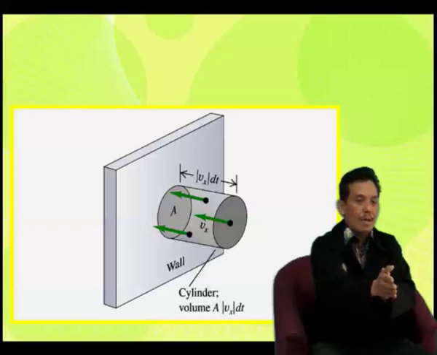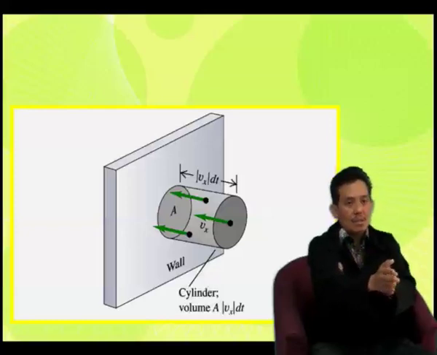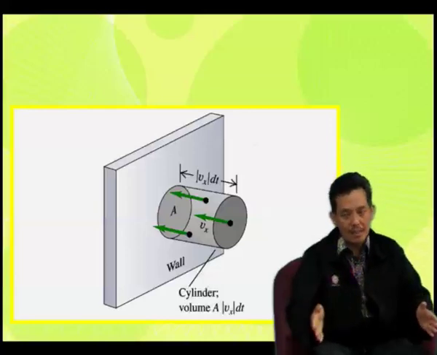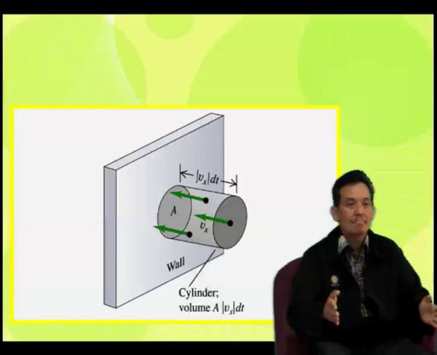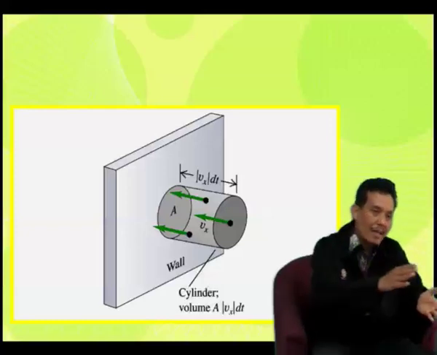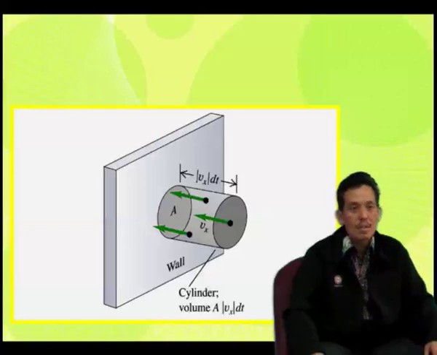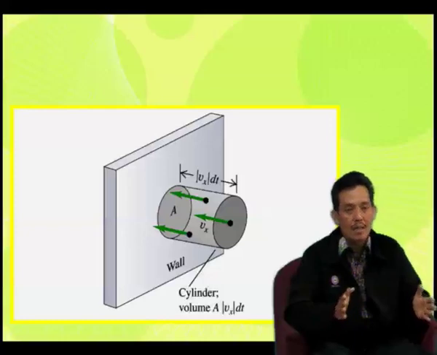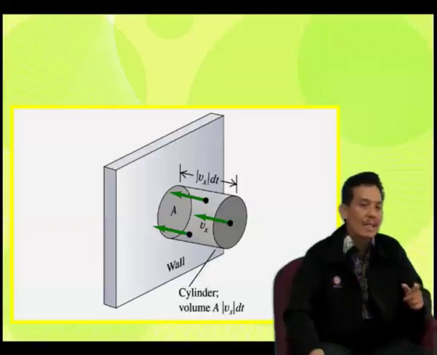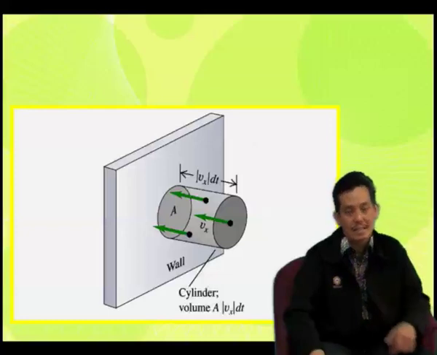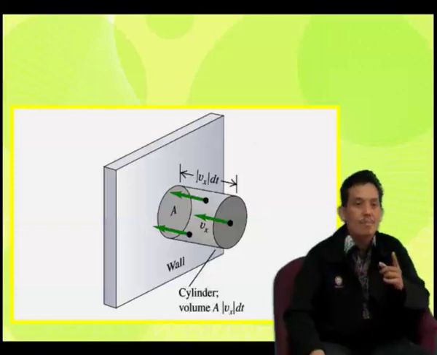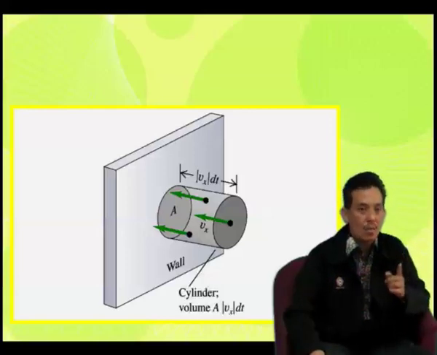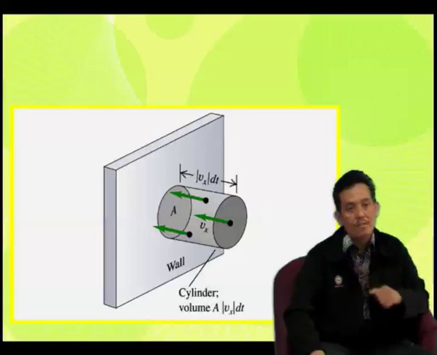Then the length of the container is equal to the speed times the time delta t, and the volume of the container is equal to the area times the length of the container. So we can say that any molecule of the gas within the volume of A times Vx times delta t must hit the wall, must hit the surface.